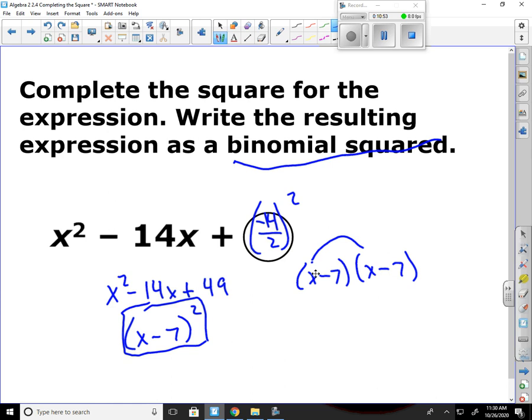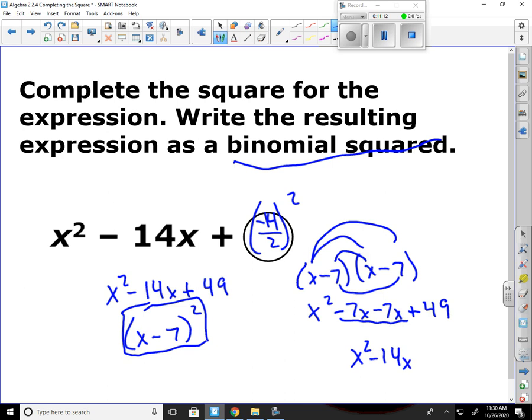X times x is x squared. X times negative 7 is negative 7x. Negative 7 times x is negative 7x. And negative 7 times negative 7 is positive 49. Combine your like terms in the middle, x squared minus 14x plus 49. That's just running a check to see if I was right. I was. Of course I was. I'm always right.